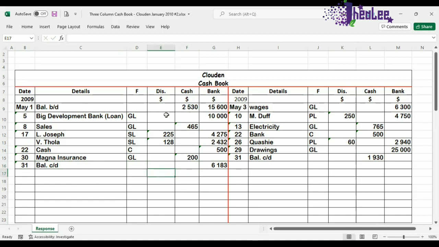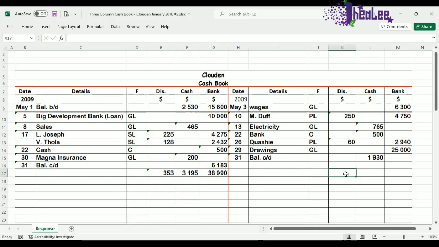Let's total the discount. Now is the time you're going to enter the total for the discount. Discount allowed is 225 plus 128, and that gives us a value of $353. The total for the cash is 3,195, and our bank is 38,990.